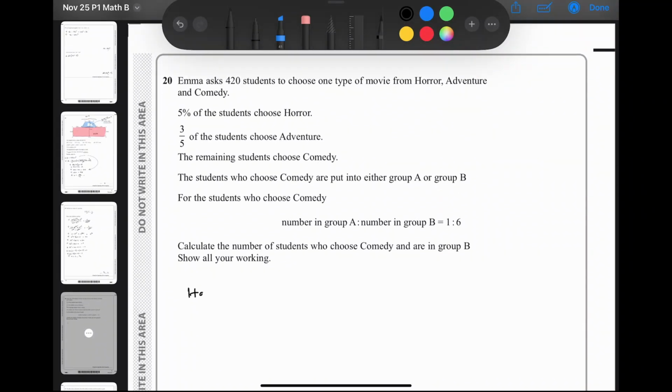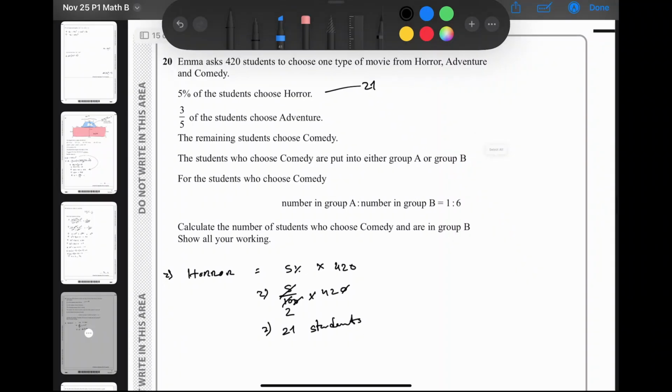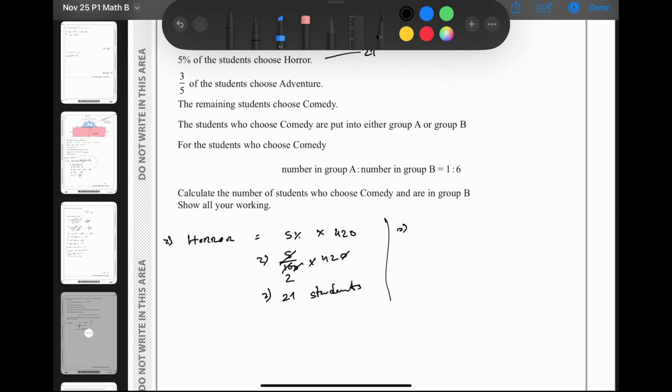For question 20, we have 420 students, of which 3/5 have chosen Horror Club and 5% have chosen Adventure Club. The rest are in Comedy Club. So we will multiply both the 3/5 and 5% with 420 and then subtract from it.